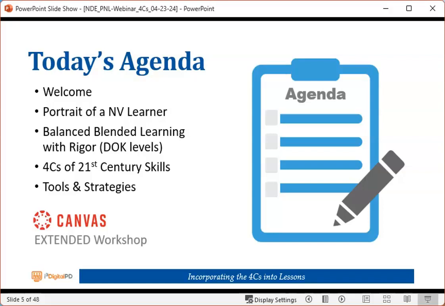And as I mentioned earlier, we do have an extended Canvas workshop. Know that a Canvas workshop is like a magazine. Highly suggest, even if you're not going to do the classroom implementation, take some time to peruse the Canvas extended course. Lots of resources in there for you to enjoy.